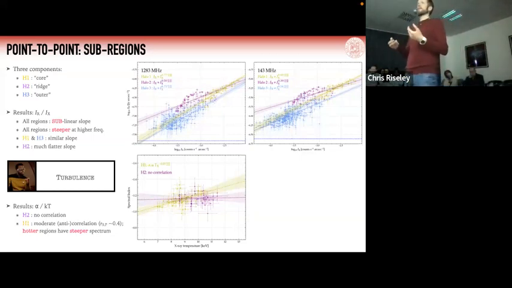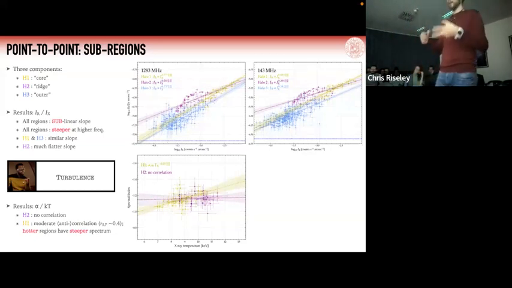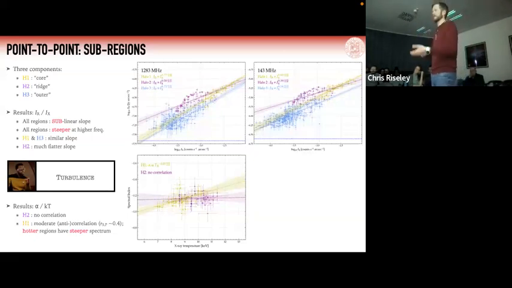In terms of this specific example, H1 is basically tracing the core of the cluster, and H2 is slightly away from the core of the cluster, but they're not particularly far away from the center, the pointing center of Chandra for these.